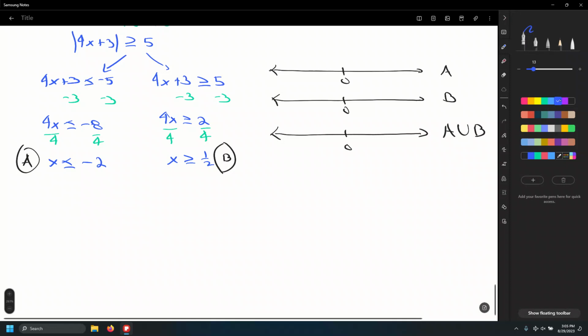So we're going to plot for set A all the numbers that are less than or equal to negative 2. And that's going to be represented with brackets this time, pointing towards the left. All right. I'm going to use blue for shading this set. And for set B, that's 1/2. I'm going to represent it like this.